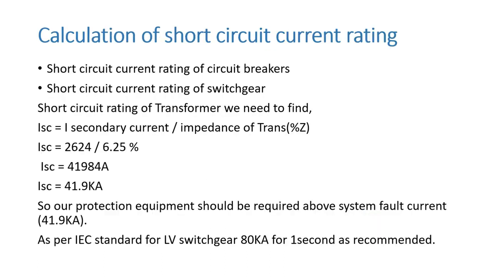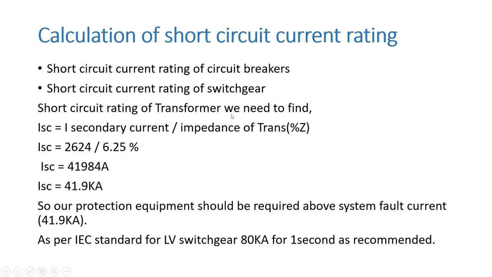Second thing, we have to find the short circuit rating of the circuit breaker and the short circuit rating of the switchgear. For this calculation, you have to find the short circuit rating of the system. Here the system is the transformer, so we need to find the short circuit rating of the transformer.